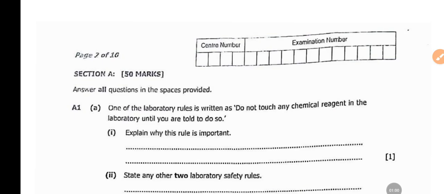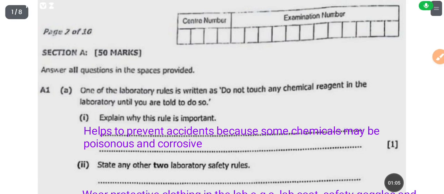In presenting my answer for this question, I wrote: it helps to prevent accidents because some chemicals may be poisonous and corrosive. Question 2. State any other two laboratory safety rules. Alright.